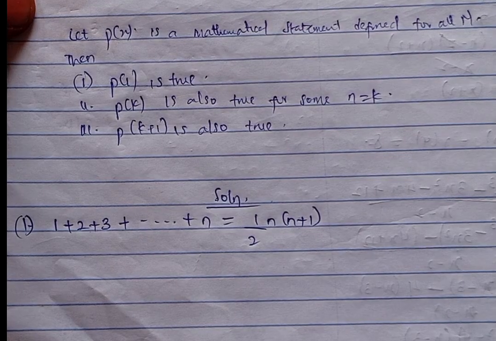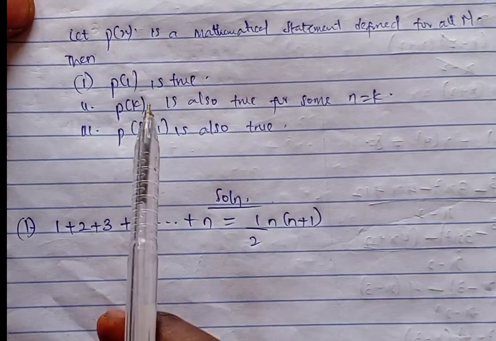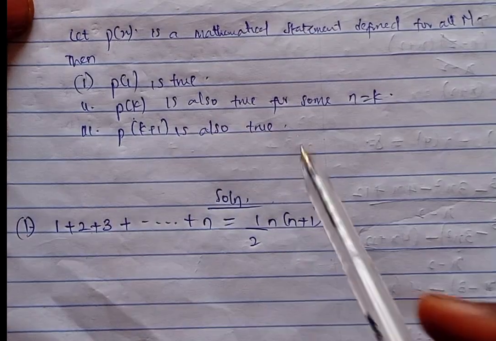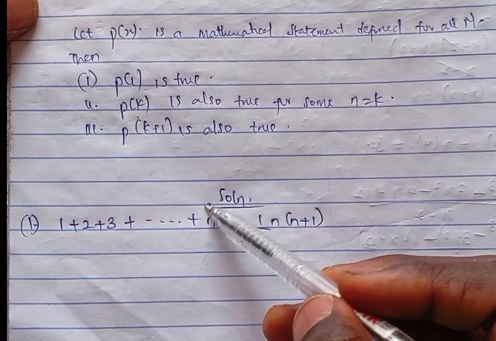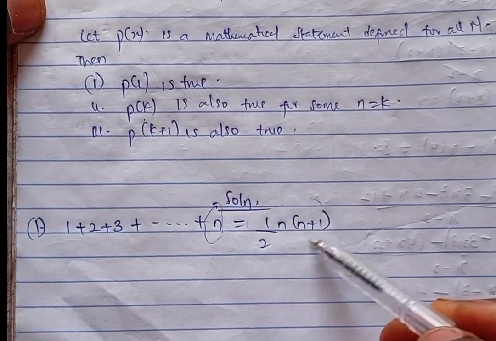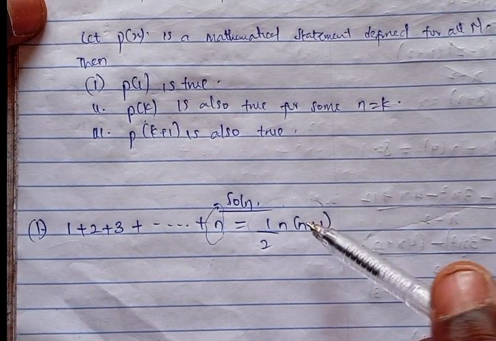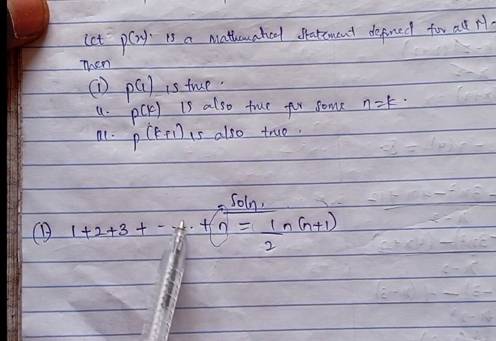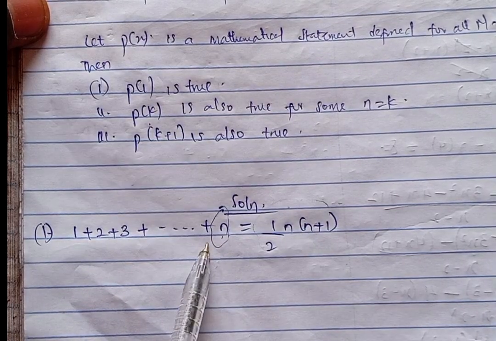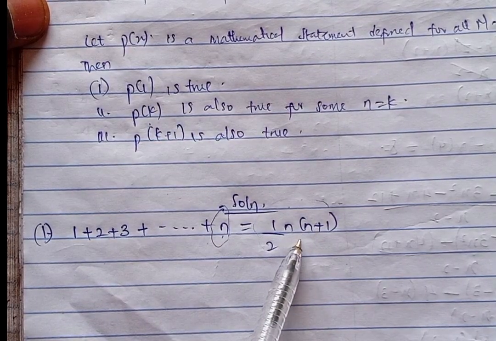How are we going to do it? Don't forget the three steps. First, find P(1), P(k), and P(k+1). This one is our left hand side, that is a variable, and this one is our right hand side. The left hand side must be equal to the right hand side.